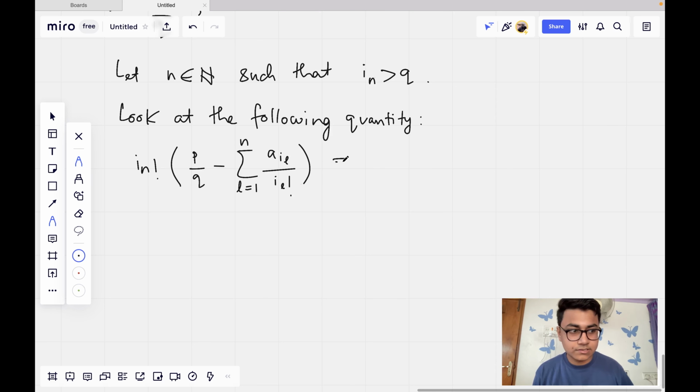You will notice that this is just equal to, once again we don't have i, we have l now. Since we are subtracting all of the terms from 1 to n, we will have l from n plus 1 to infinity.